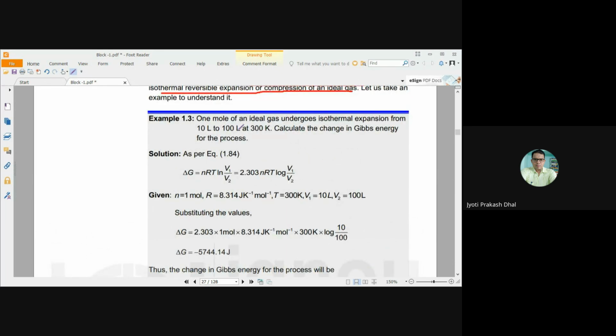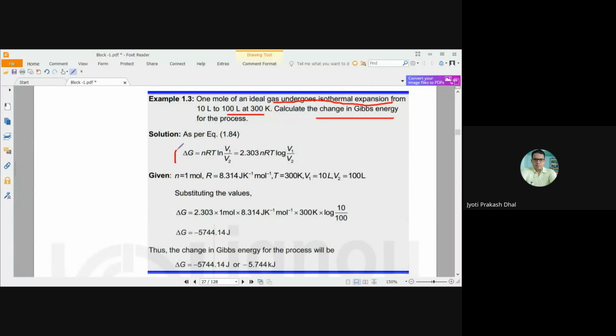One mole of an ideal gas undergoes isothermal expansion from 10 liter to 100 liter at 300 Kelvin. Calculate the change in Gibbs energy in the process. From this equation, we know that del G equals nRT ln V1 by V2, which equals nRT ln P2 by P1. But here, the V1 by V2 form will be used.